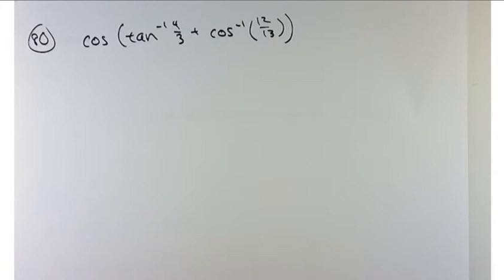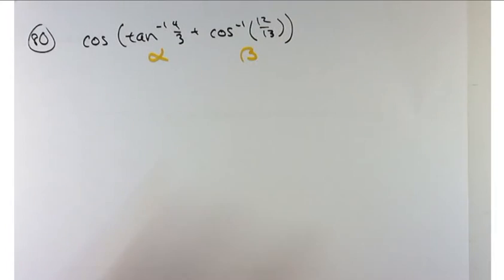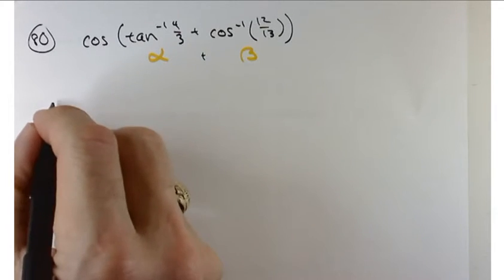So, by the way I'm writing this, alpha is equal to the tangent inverse of 4/3. If alpha is the tangent inverse of 4/3, then another way to write this is the tangent of alpha equals 4/3.